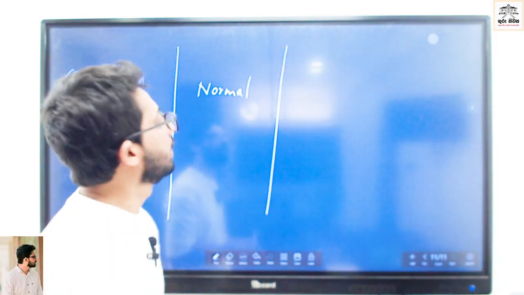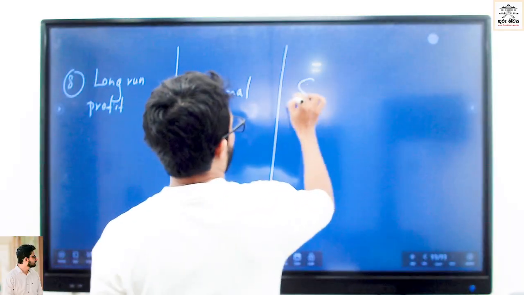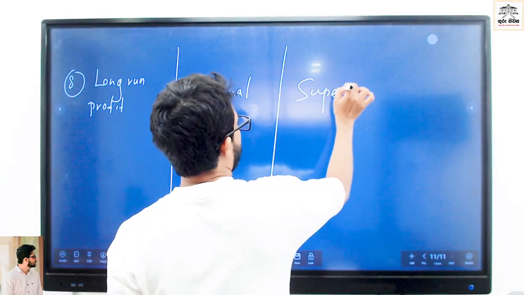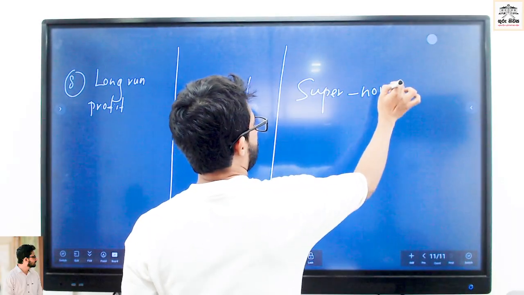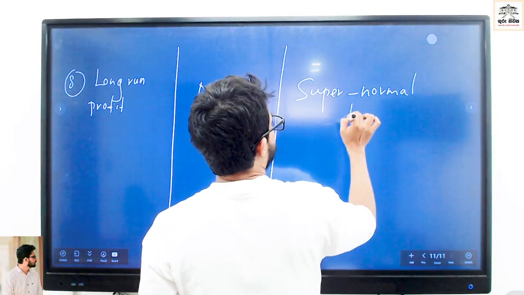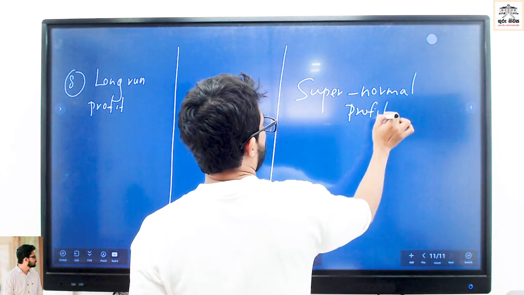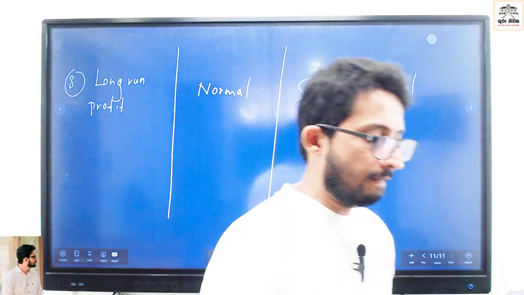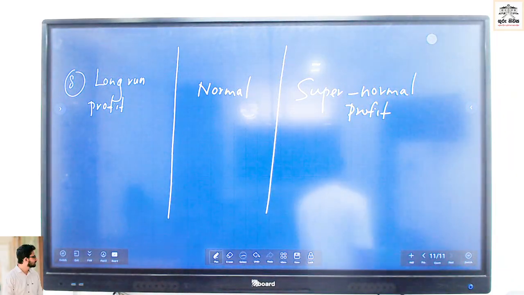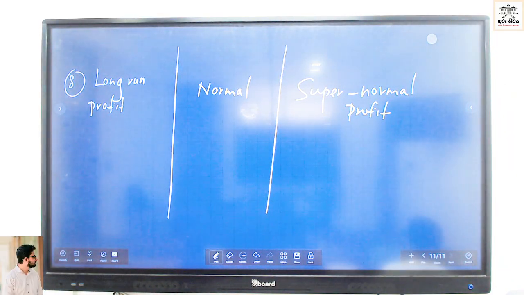That is called normal profit. Monopoly earns supernormal profit. Supernormal means a very large amount of profit. Are you okay with this?